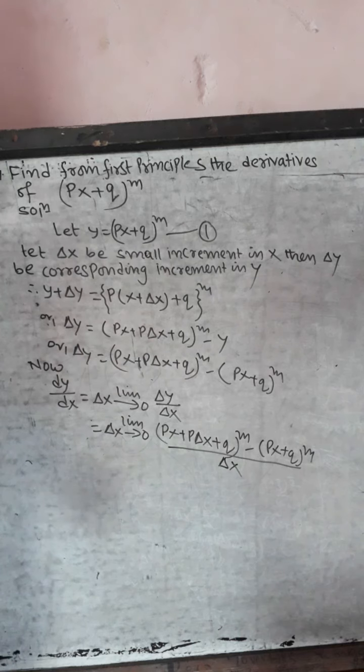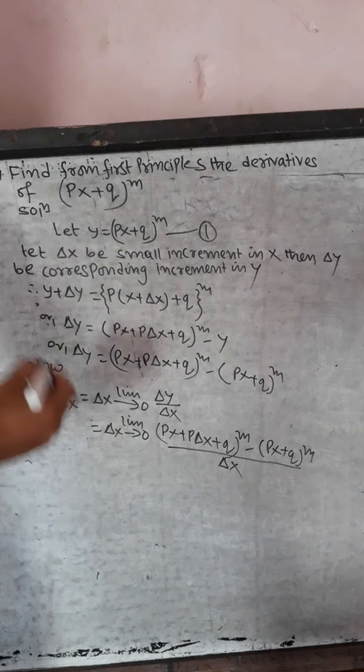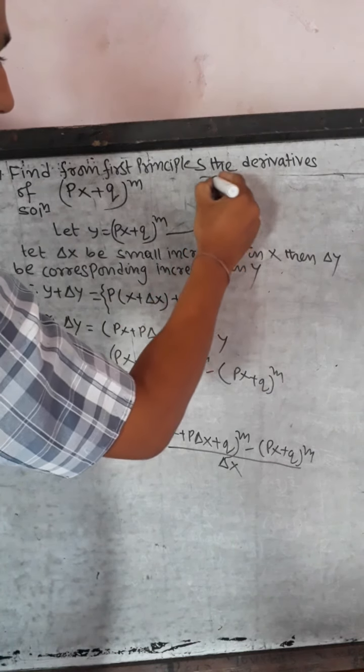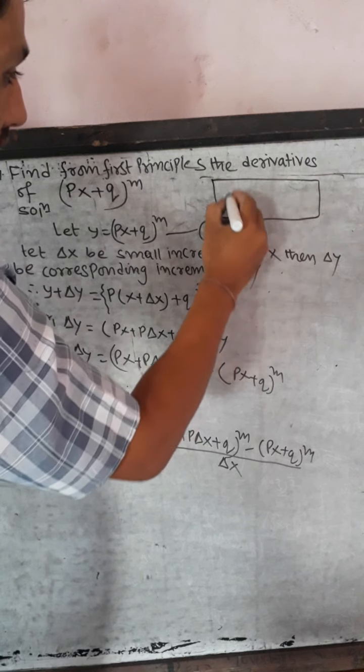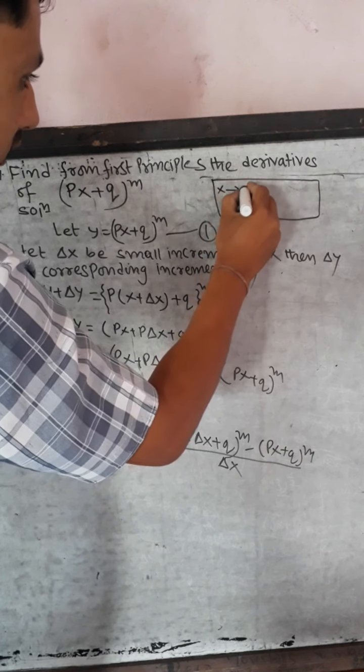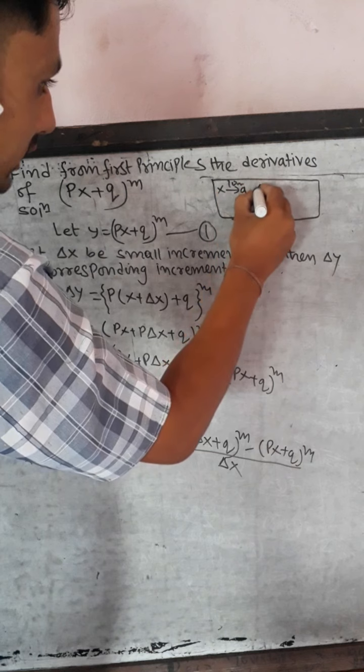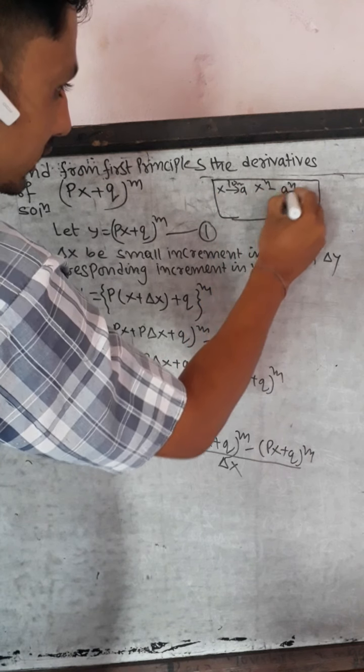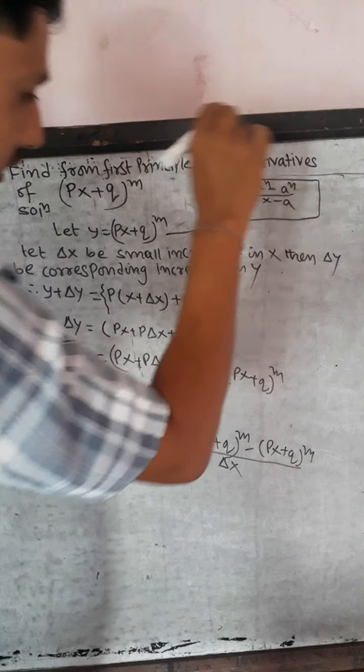Now let's try to make this in the form limit x tends to a, x to the power n minus a to the power n divided by x minus a.